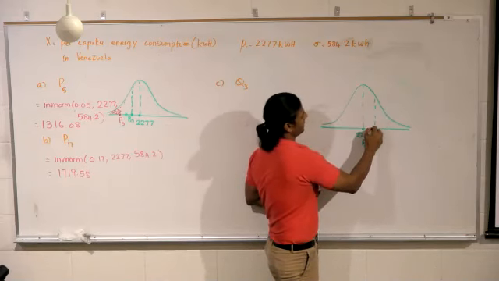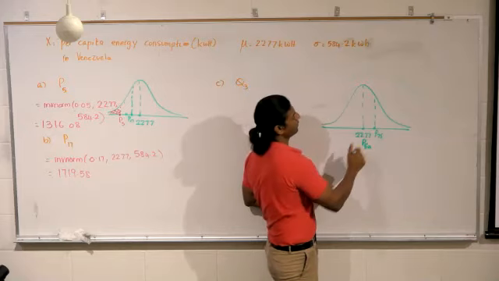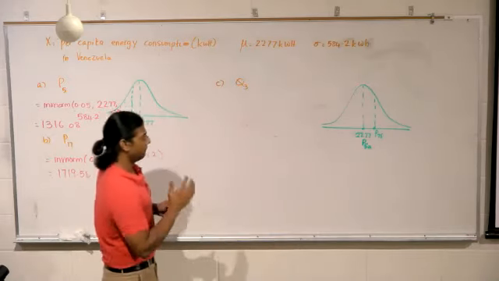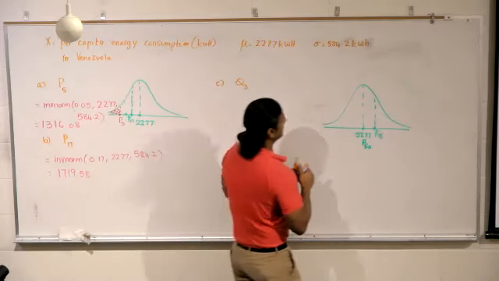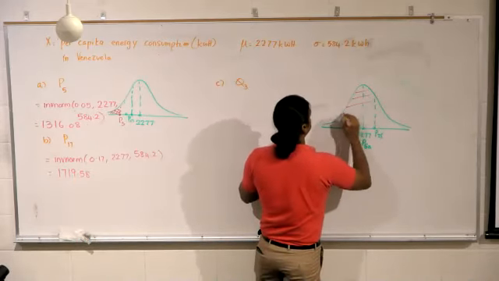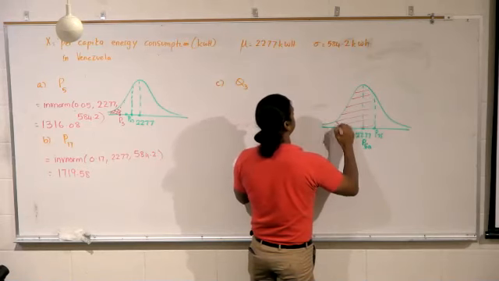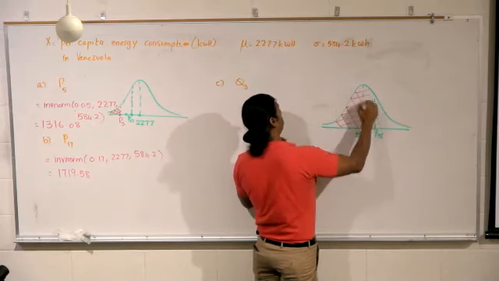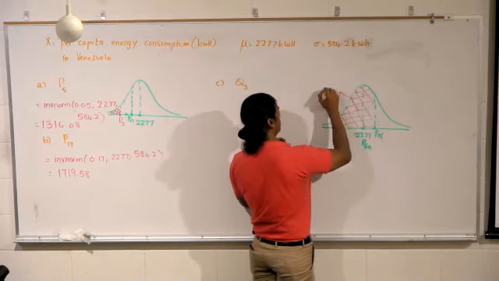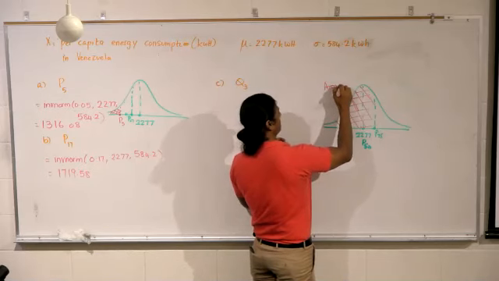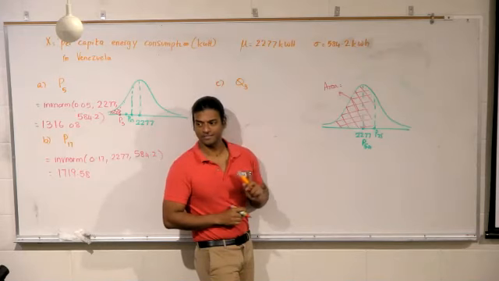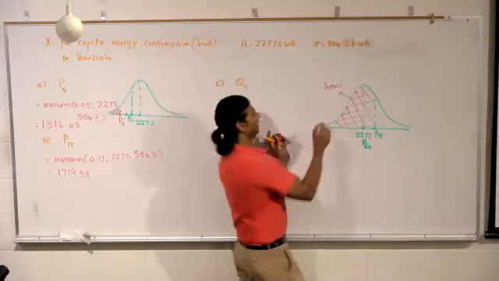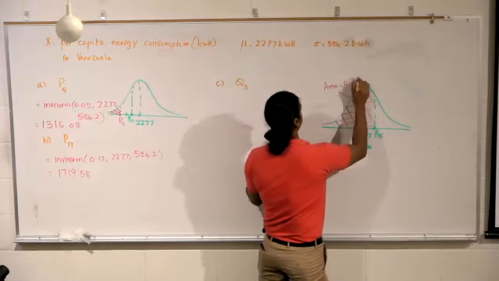So P75 is somewhere over there, a bit closer to the center. Regardless, what is the area below P75? 0.75.